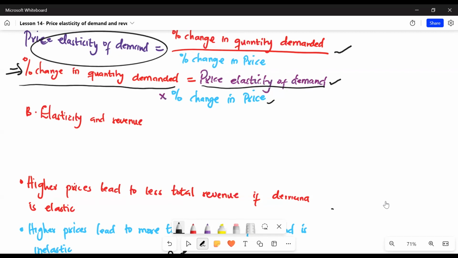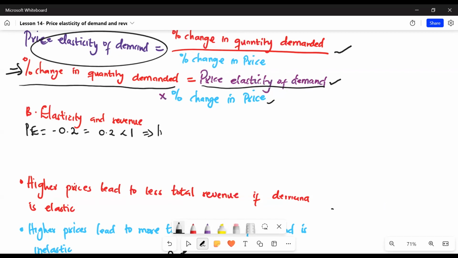Producers can use the price elasticity of demand of their goods to forecast the likely consequences of any change in price. Example, if the price elasticity of a good is minus 0.2, the absolute value of this is 0.2, which is less than 1.